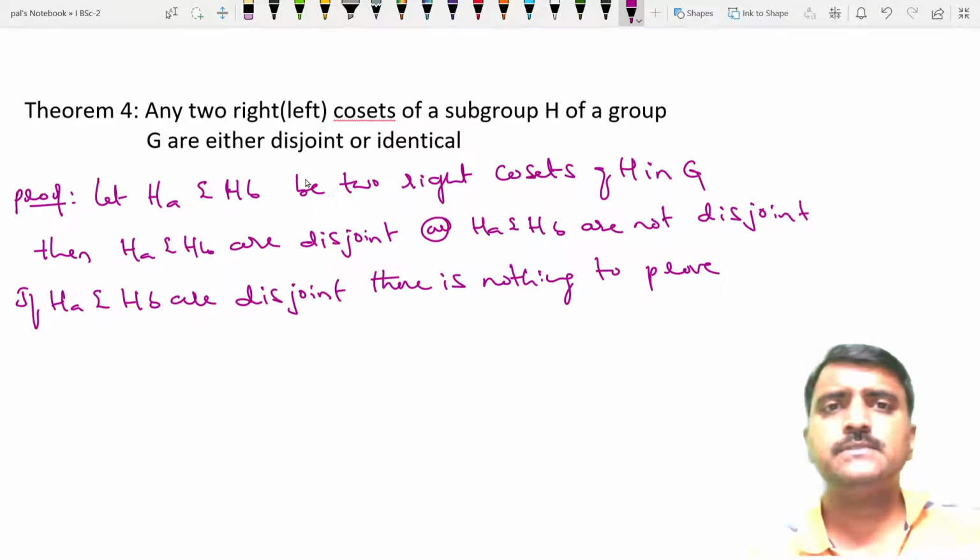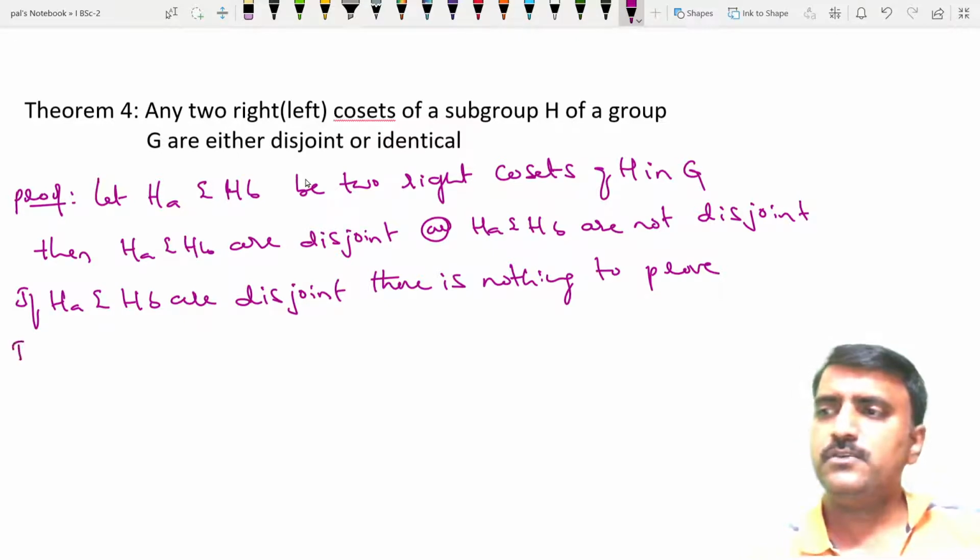Suppose HA and HB are not disjoint. If HA and HB are not disjoint, they are not disjoint.